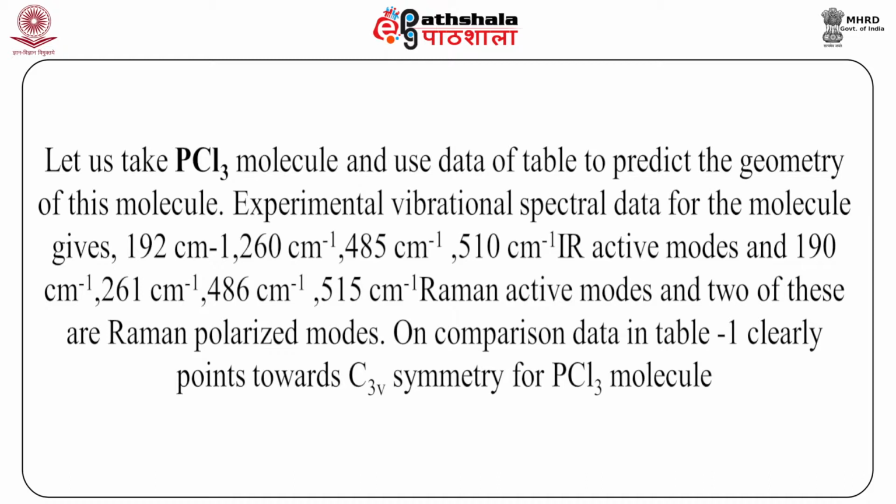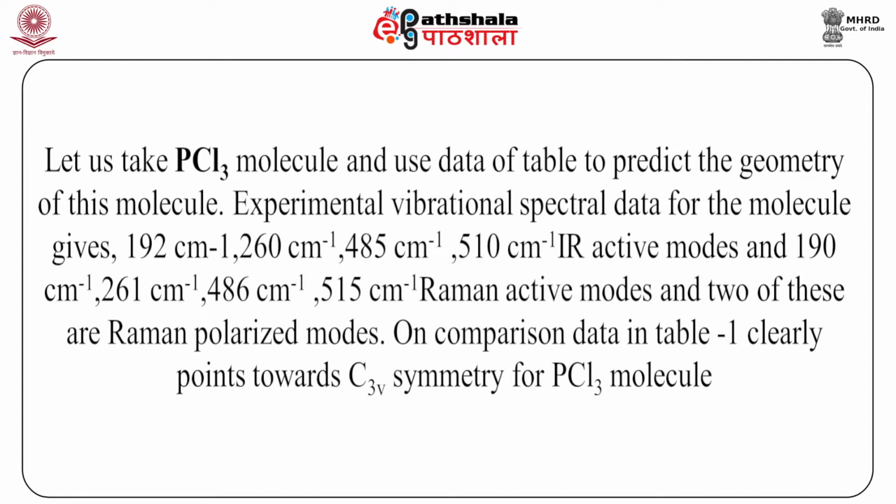Experimental vibrational spectral data for the molecule is 192 cm inverse, 260 cm inverse, 485 cm inverse, 510 cm inverse as IR active modes, and the Raman spectrum 190 cm inverse, 261 cm inverse, 486 cm inverse, 515 cm inverse are Raman active modes, and two of these are Raman polarized.